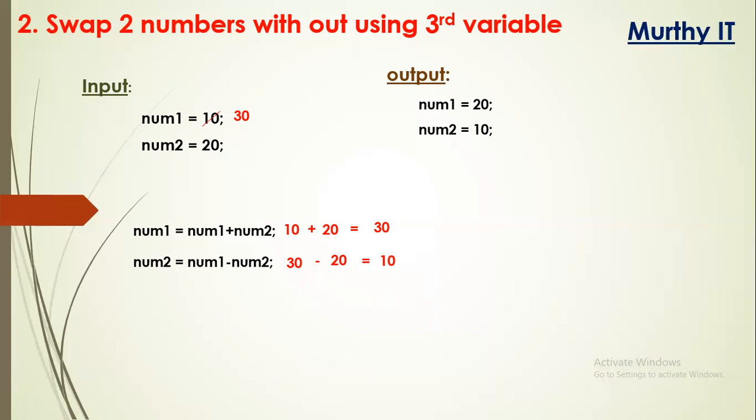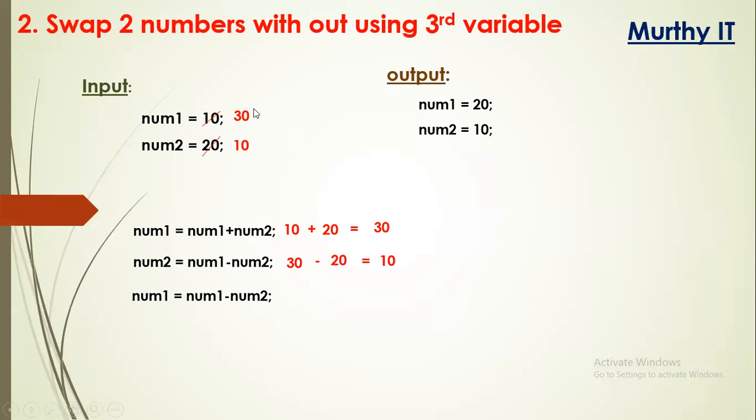Finally, number 2 we got 10, and number 1 we want 20. So now number 2's 20 is replaced by 10. Then number 1 equal to number 1 minus number 2.